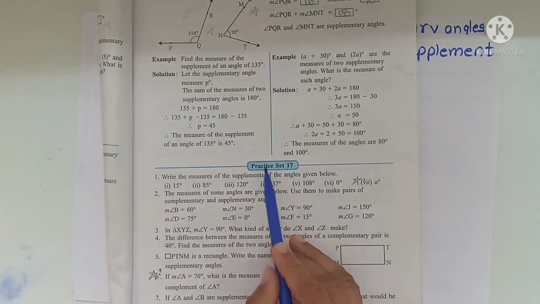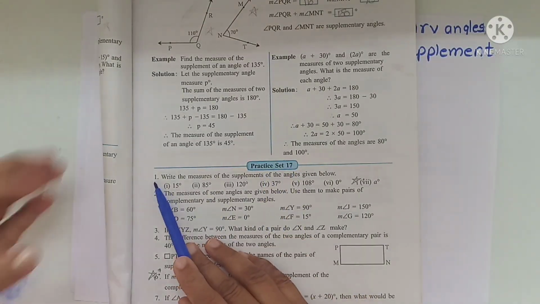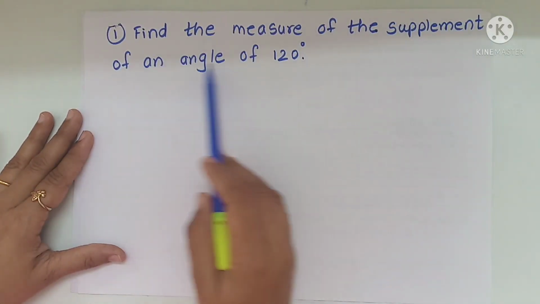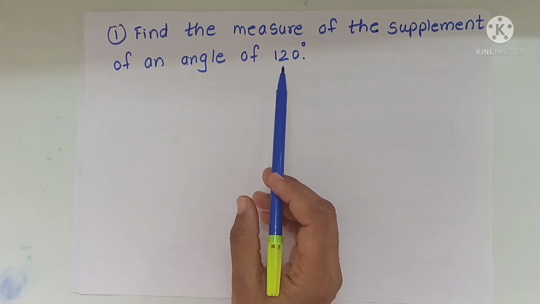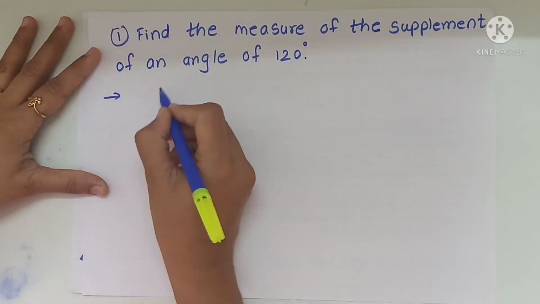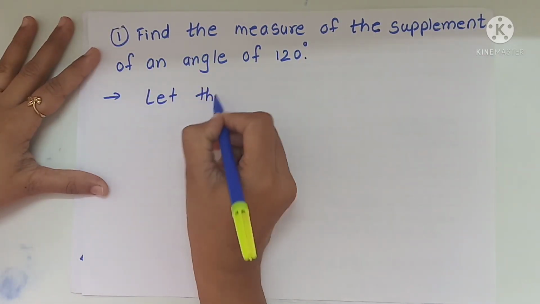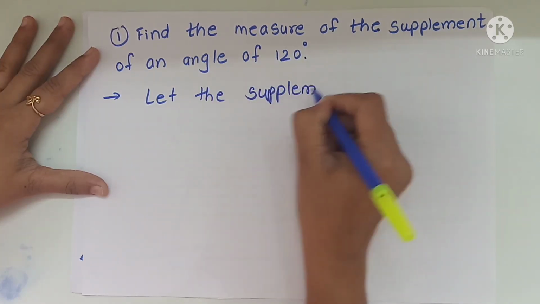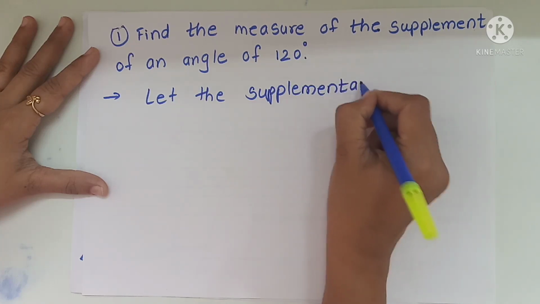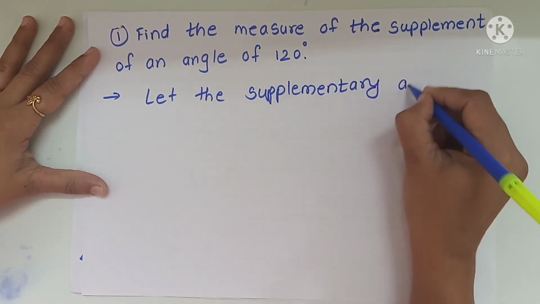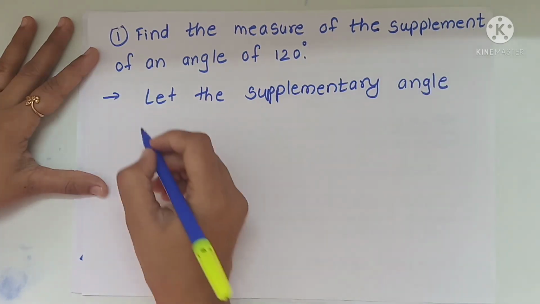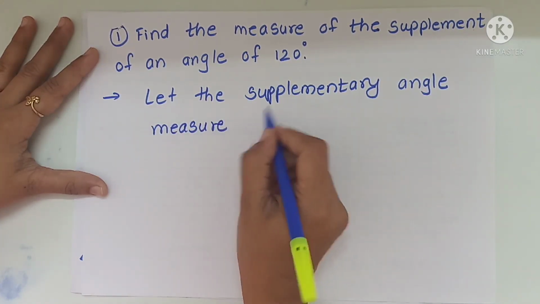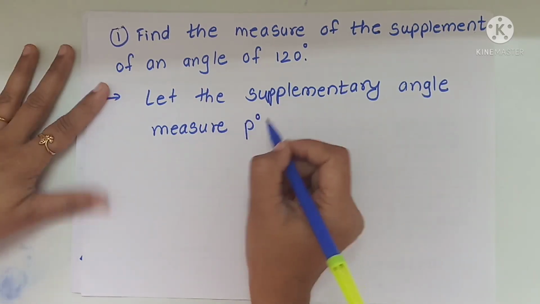Now we are going to solve practice set 17. First example. Find the measure of the supplement of an angle of 120 degree. Let the supplementary angle measure P degree.